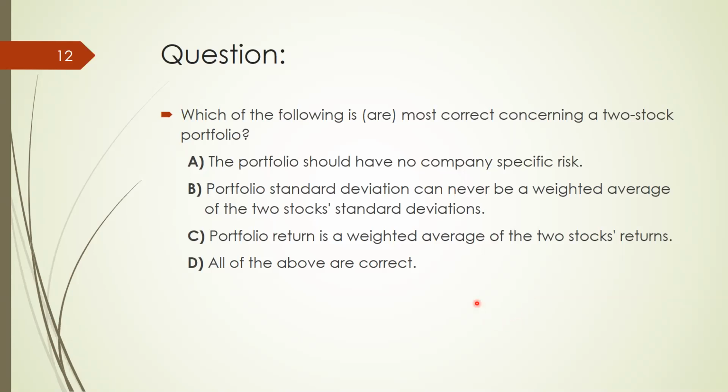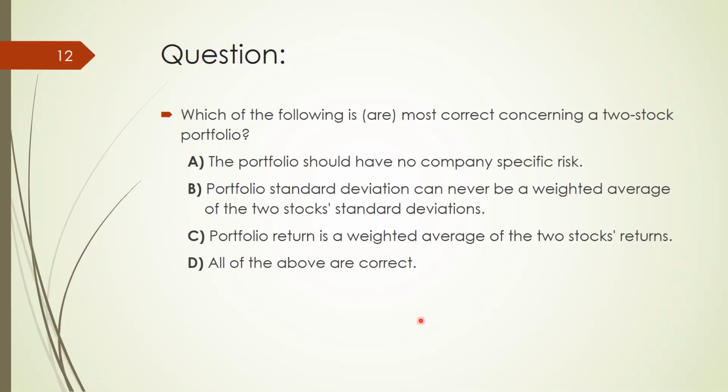B. Portfolio standard deviation can never be a weighted average of the two stocks' standard deviations. This statement is incorrect because we just showed for rule 3 that if the correlation coefficient is positive 1, portfolio standard deviation is a weighted average of the two stocks' standard deviations when there's no diversification effect.